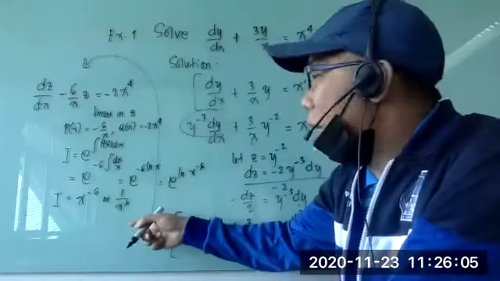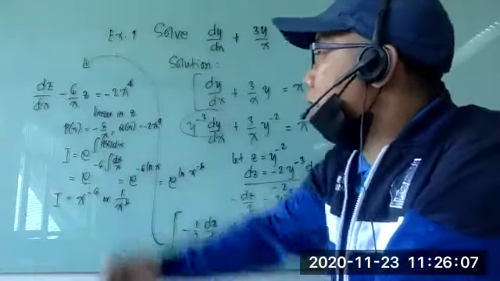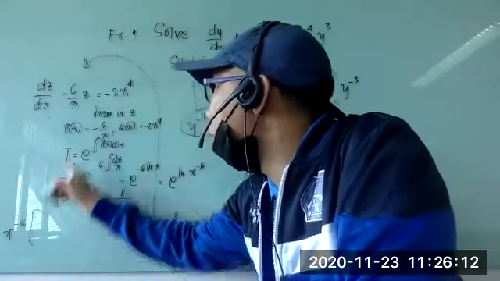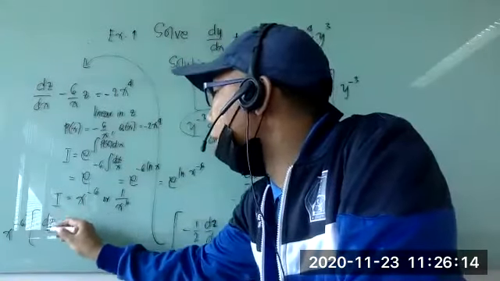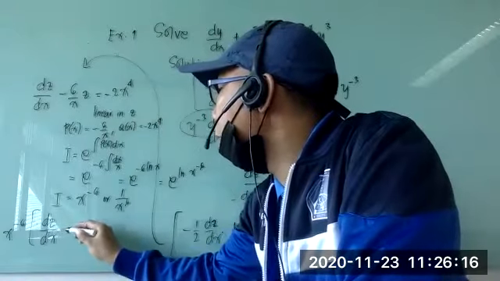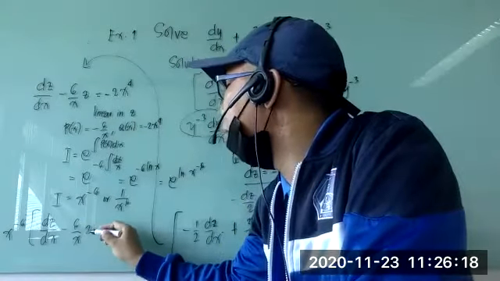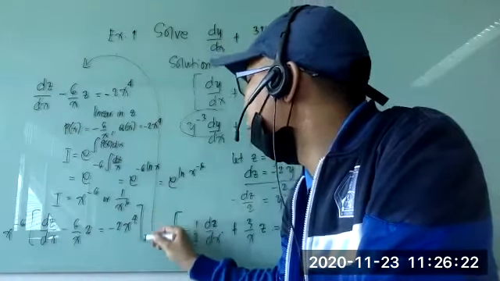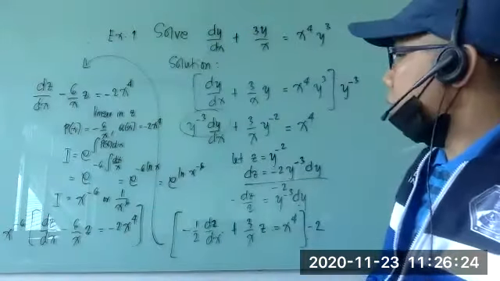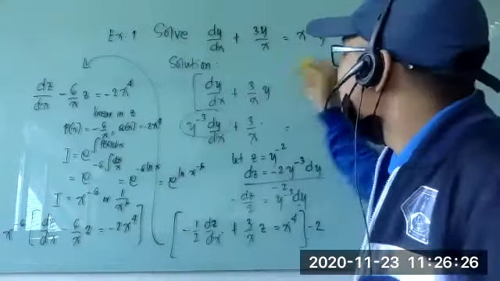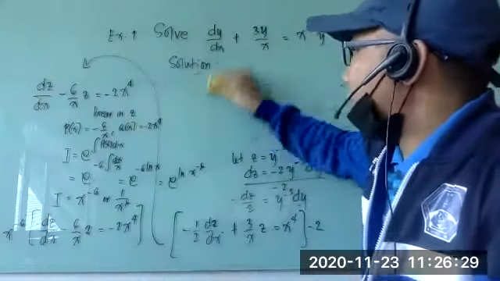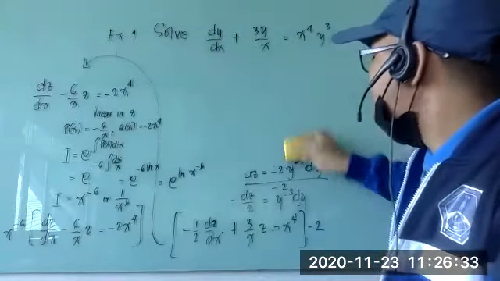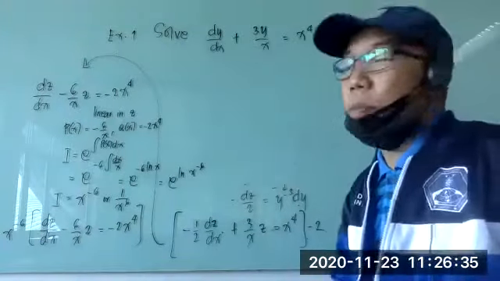We now multiply this integrating factor sa ating standard form. Diba? So x raised to minus 6 multiply to this one. So dz over dx minus 6 over x times z equal to negative 2x raised to 4. Okay? So this becomes an exact equation. Diba? Once you multiply the standard form ng linear equation by an integrating factor, magiging exact na siya.